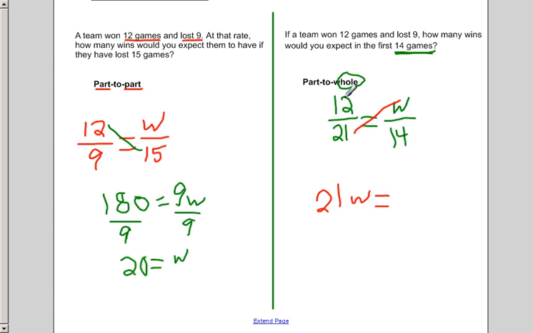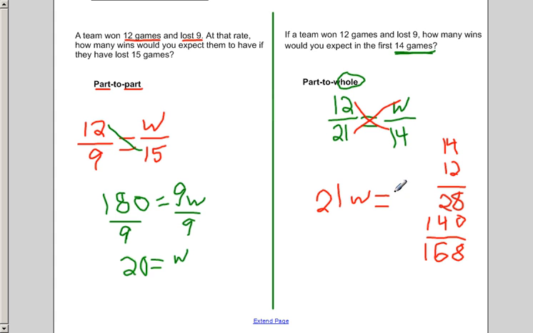equals 12 times 14, which I have to try out here. 2 times 1 is 2, 1 times 4, and 1 times 1. And then 2 plus 4 will be 6.